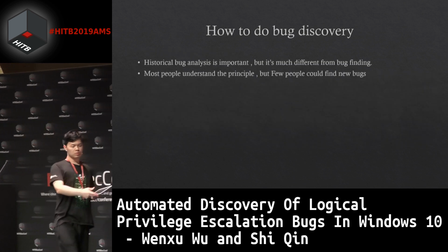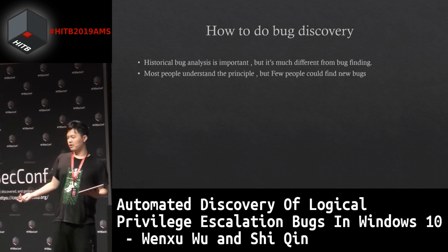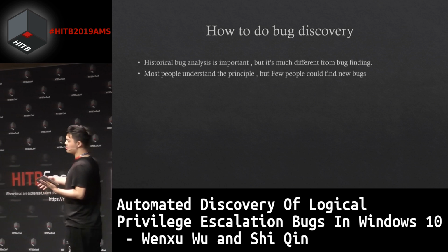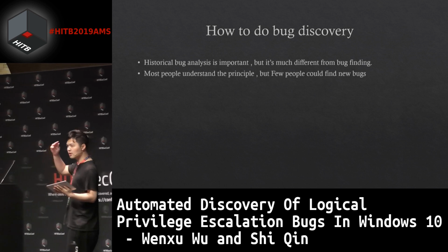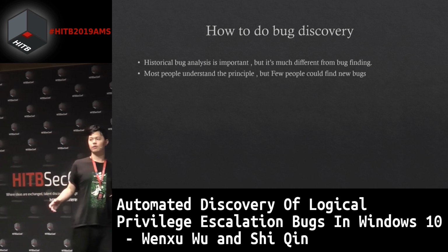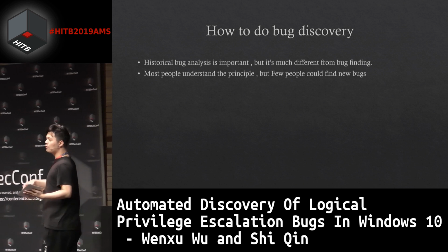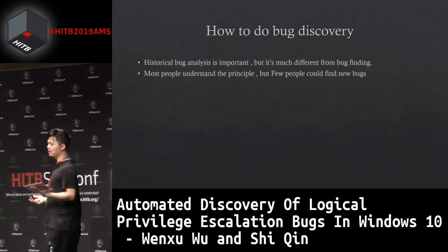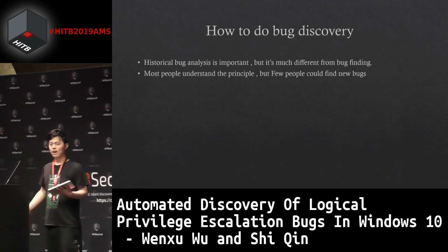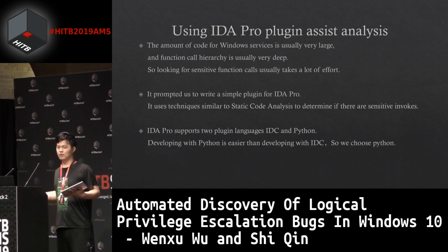So after doing the case study and finding so many ways to bypass those safety checks, we need to think about a problem: how to do bug discovery. Many of us know the technology details, but few of them could find new bugs. I think there is a certain way that we could do it.